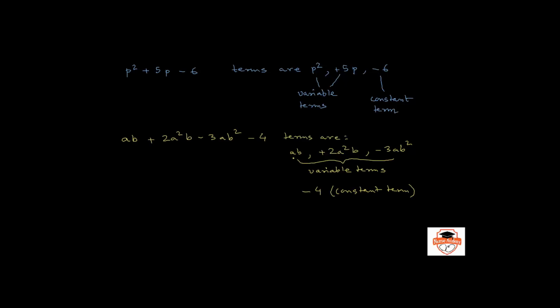Thus, each term is a product of one or more variables with a constant. The constant factor in any term is called its coefficient.